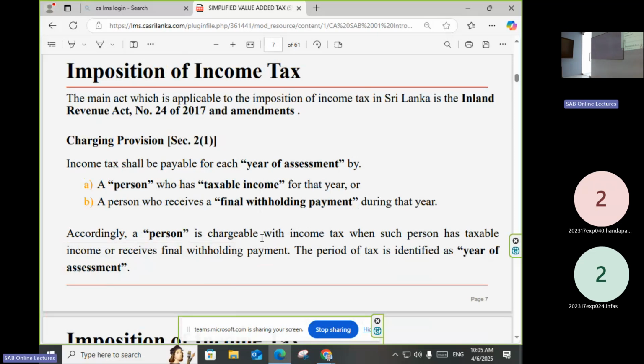So that's the difference between final withholding and non-final withholding. Final withholding is recognized by the Act as final, unless the Act says it is not final. So section 88 says these are final withholdings. That's the difference. So for the time being, you keep it that way.